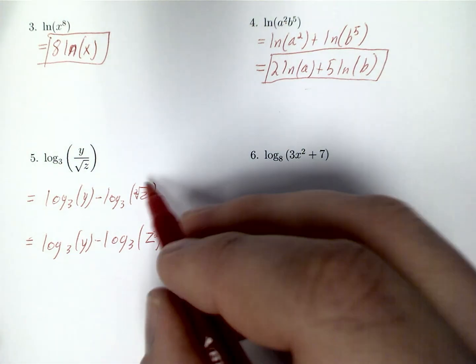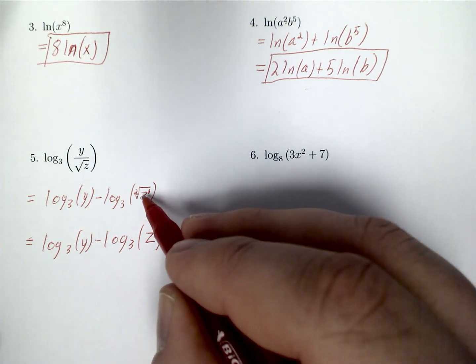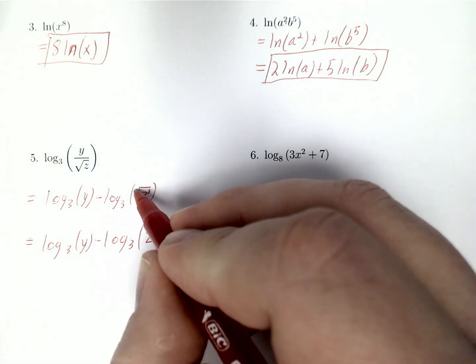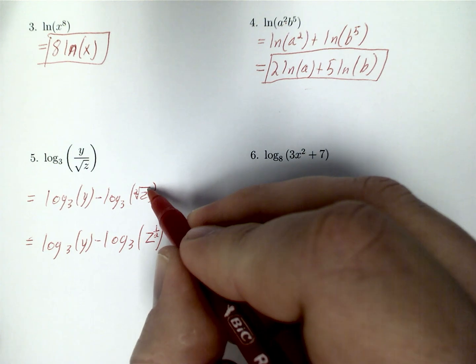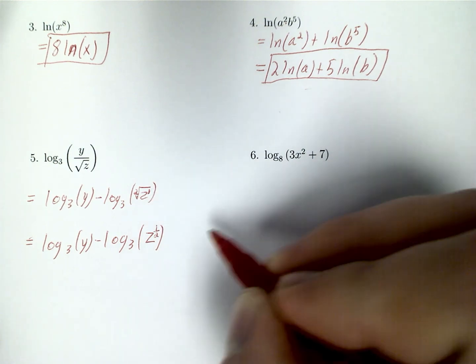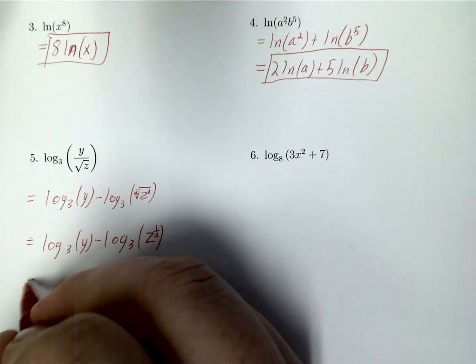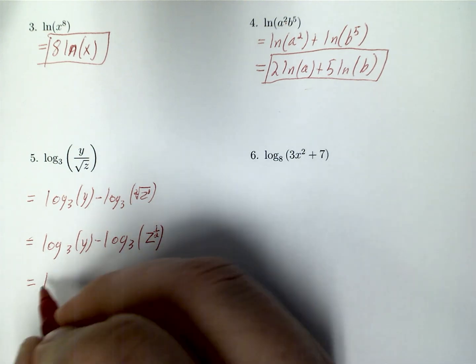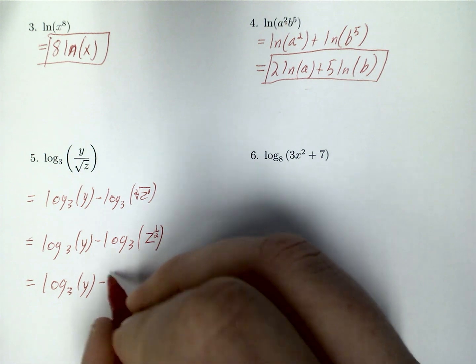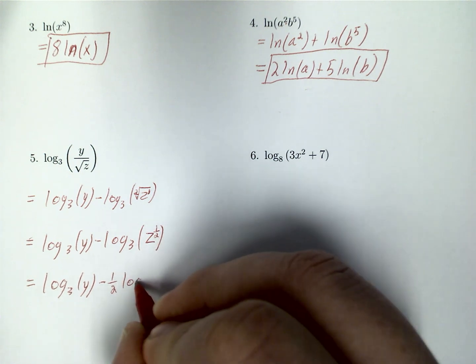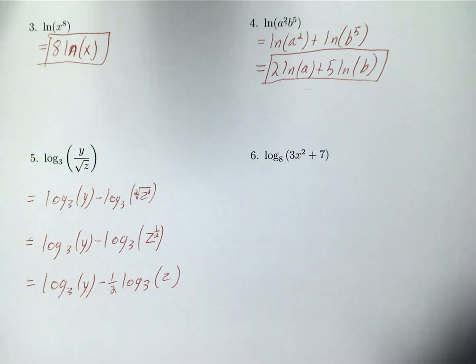So z to the 1/2 is the same as the square root of z. If this index was 3, we'd have a denominator of 3. If this exponent was, say, 5, we'd have a numerator of 5. But with that, we now have rewritten this as an exponent so that we can pull the 1/2 out and write it as a coefficient in front of the logarithm. We have this.